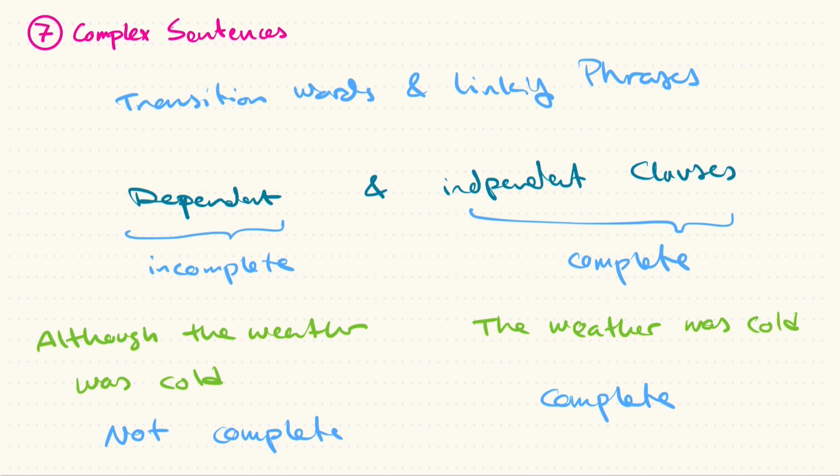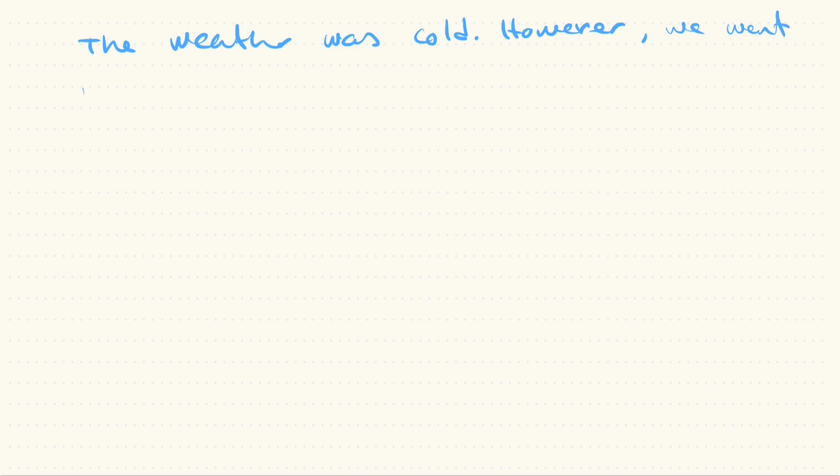And we want to use these complex sentences in our writing because it makes the writing more exciting, more interesting. For example, you can write an essay like this. The weather was cold, full stop. However, we went hiking.